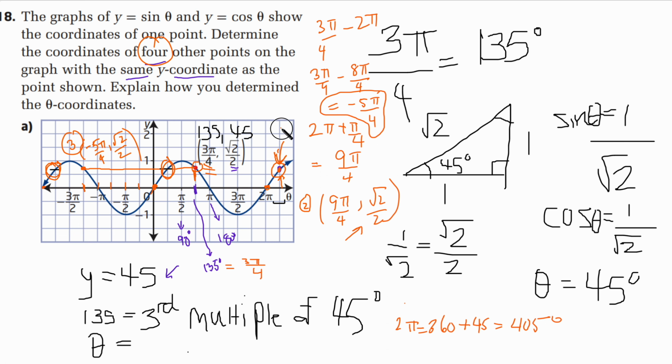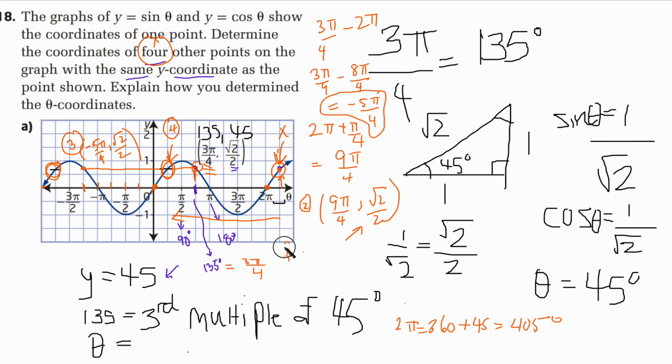I mean, since we already know this one, we can apply the understanding of the period, and then we can find out what this one is. Because it's 2 pi units to the left of it, right? So we said that number 2 was 9 pi over 4, right? So let's call this one the 4th point.